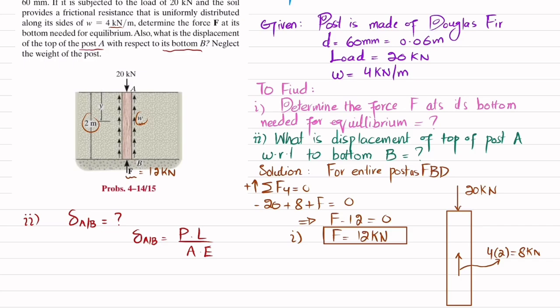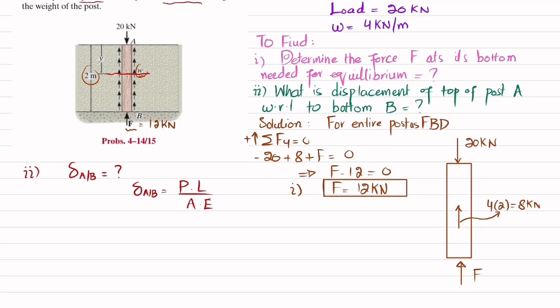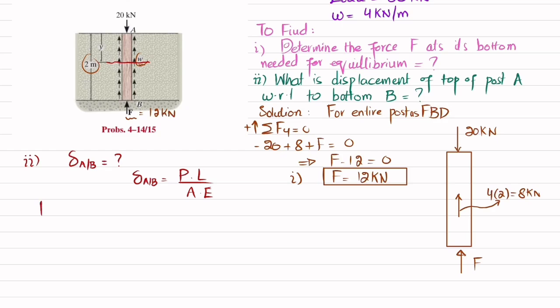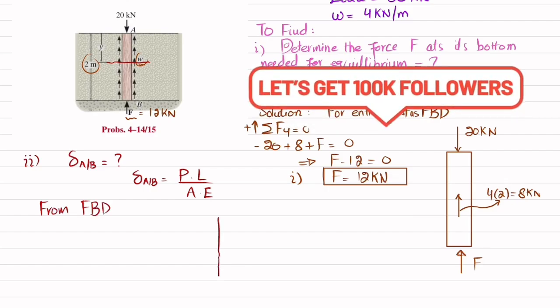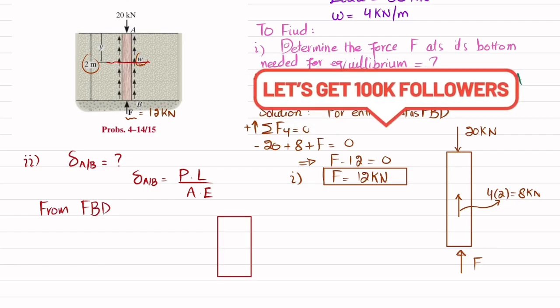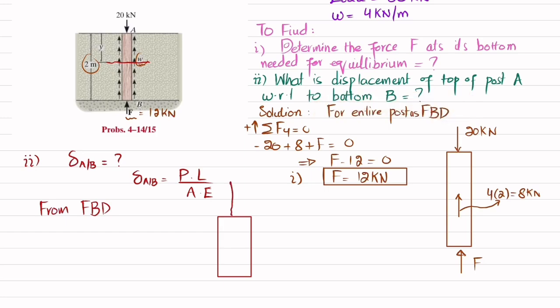So what we will do is take the post, cut this post at a distance of y and draw the free body diagram. So from the free body diagram, let this be the post that we have taken. Clear? This is 20 kilonewton. Clear? And this distance where we have cut it is taken as y.